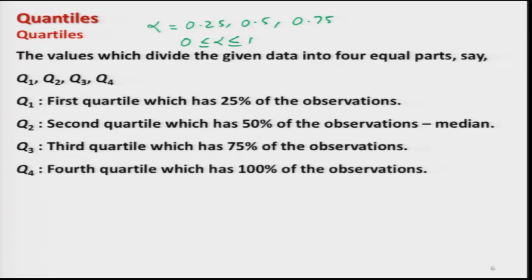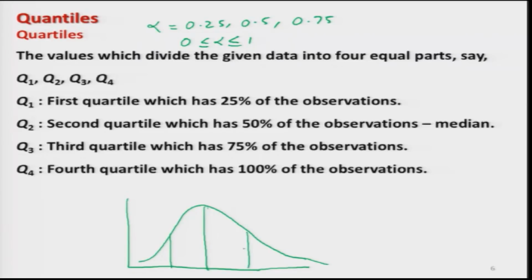So, what essentially I am trying to do, if I create the frequency distribution like this, is divide the entire frequency into 4 equal parts, where alpha equal to 0.25 corresponds to 25%, the second section another 25%, the third section another 25%, and the last section another 25%.